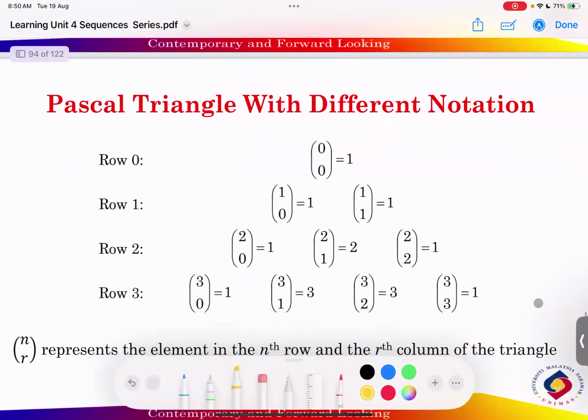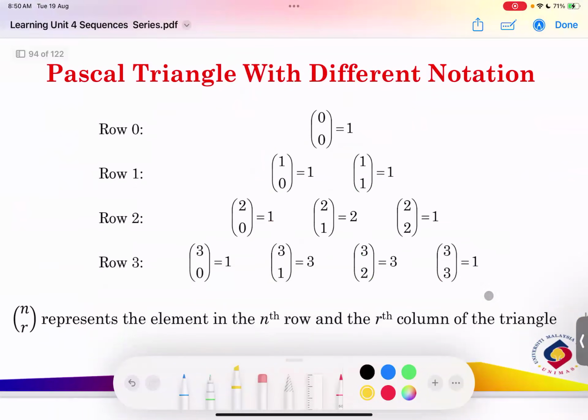So, Pascal's triangle with a different notation. Now we put this one like this: 0 choose 0, 1 choose 0, 1 choose 1, and so on. We look at n choose r as representing the element in the nth row and the rth column of the triangle.